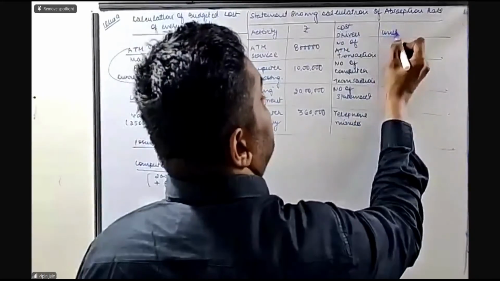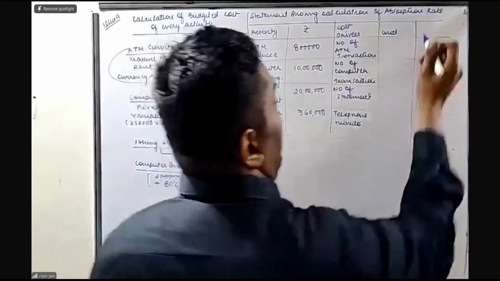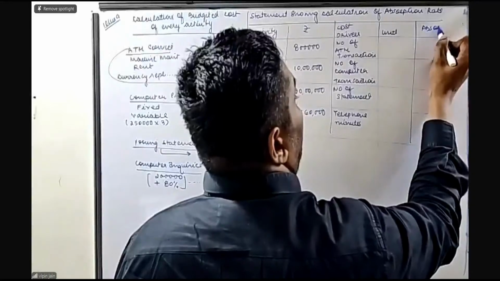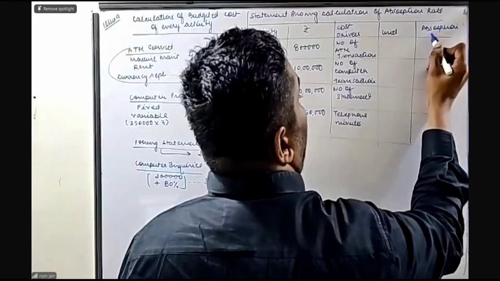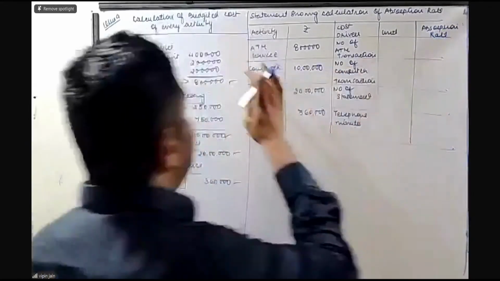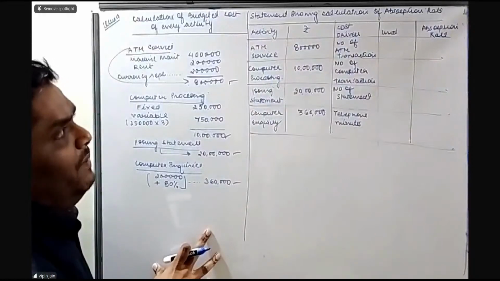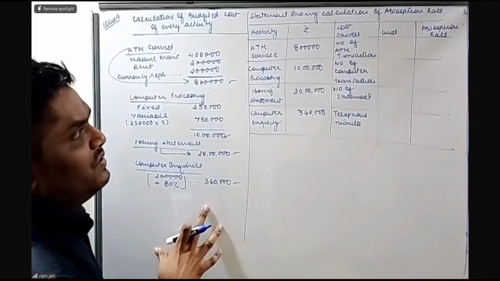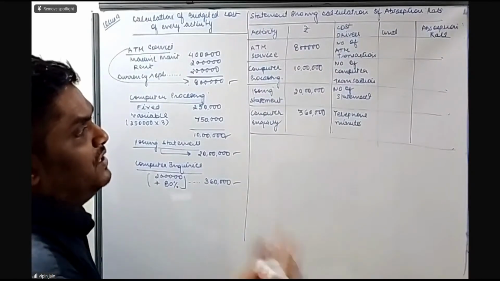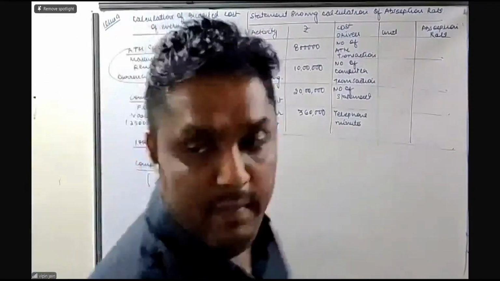Now units, and this is the additional exercise we have done, because the question is asking us to calculate the cost for the budgeted period, not for the current period.